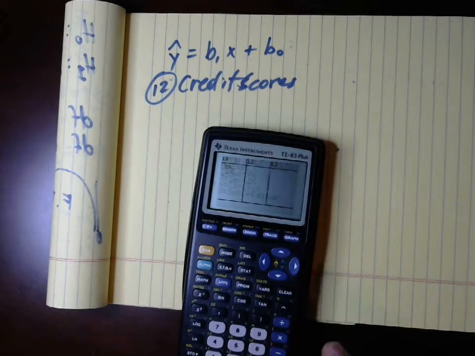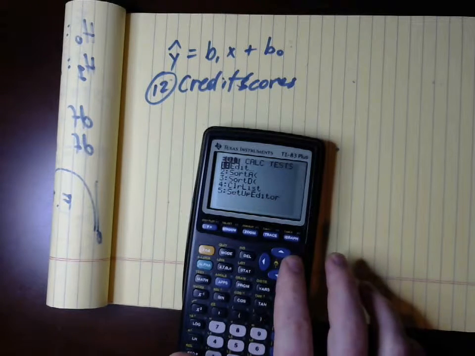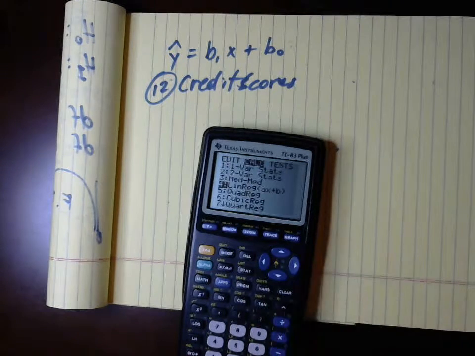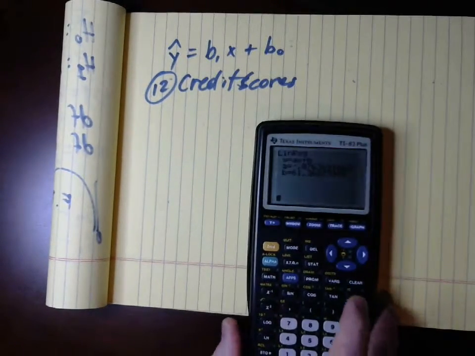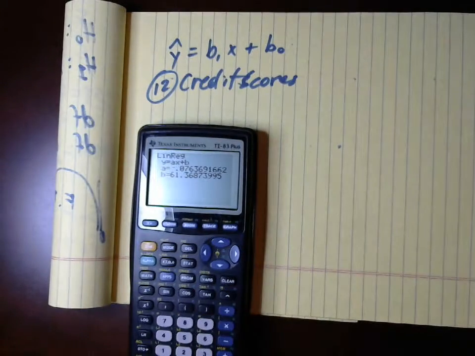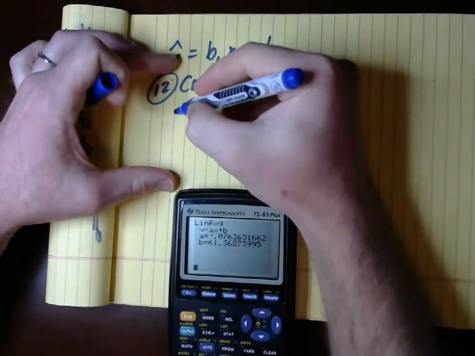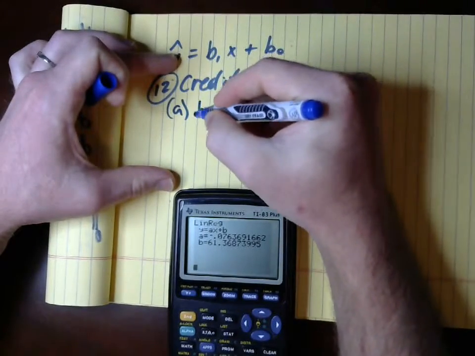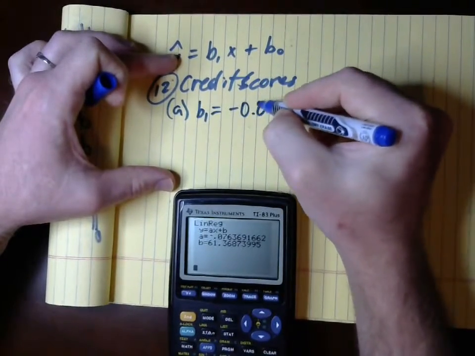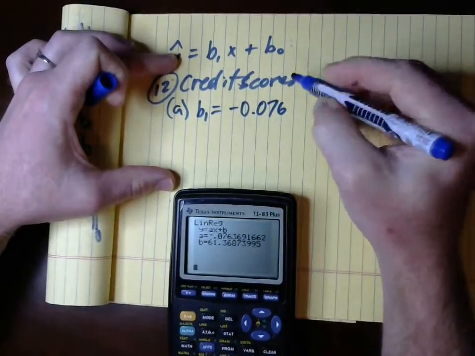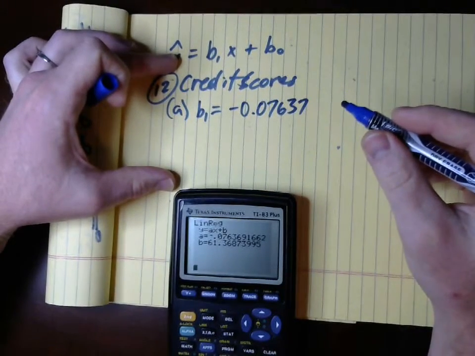So we'll go stat edit. Let's go to stat calc linear regression. And you'll notice that we have a, which represents b1. So for part A, we found that b1 is equal to negative 0.07637, just rounding to some decimals.